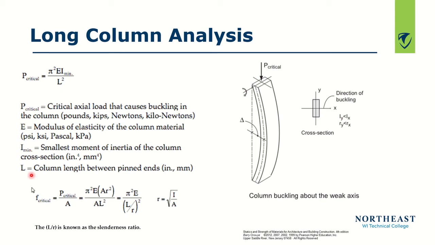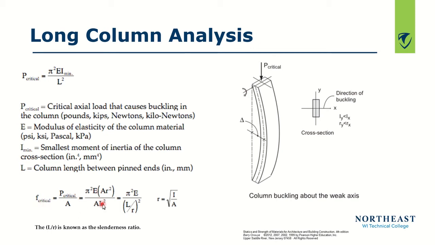If we rearrange, P critical divided by area equals my F critical, because P over A is a critical stress. So we can convert that critical load divided by the area of my column into a critical stress.